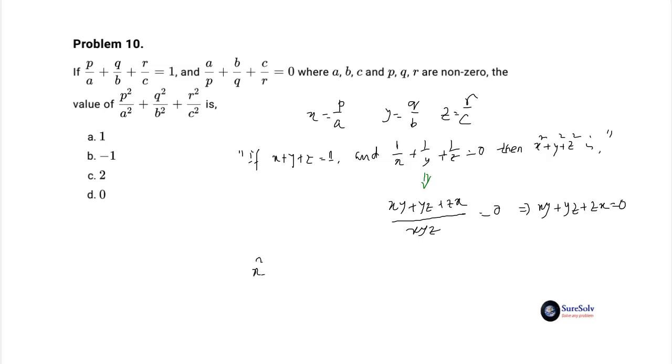So, x square plus y square plus z square equal to (x plus y plus z) whole square minus 2 times (xy plus yz plus zx) equal to 1. Answer is option A 1.